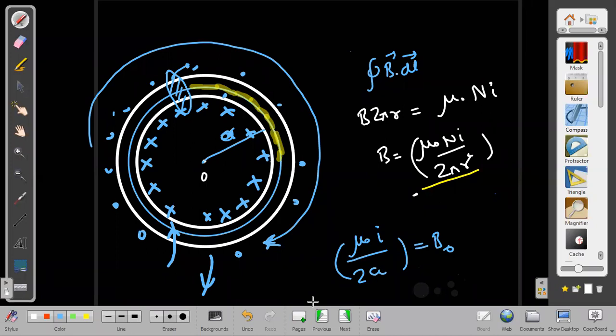Actually it is N by pi times, but capital N can be a very large number. There is R and here it is A, but I mean to say approximately, if I assume A and R to be nearly equal, and we can do that because usually in a toroid the radius of the cross section of the toroid is small, then I can make that assumption.